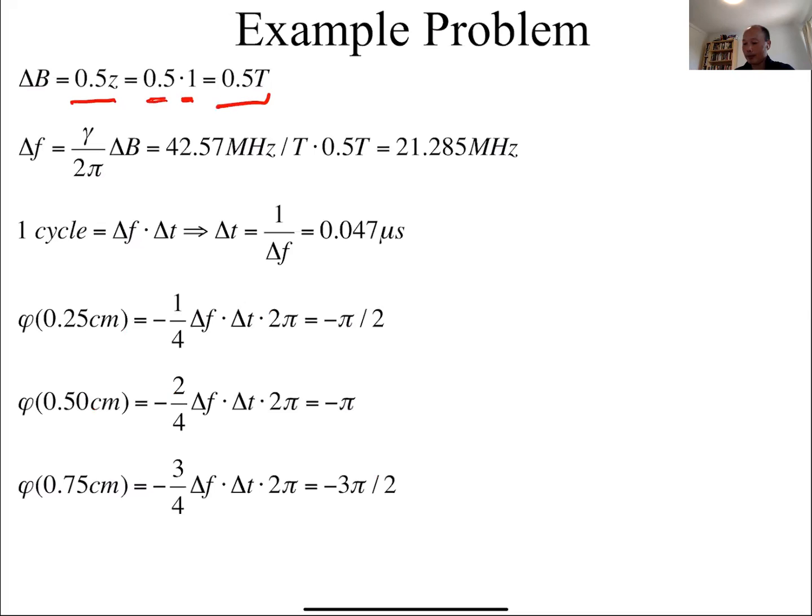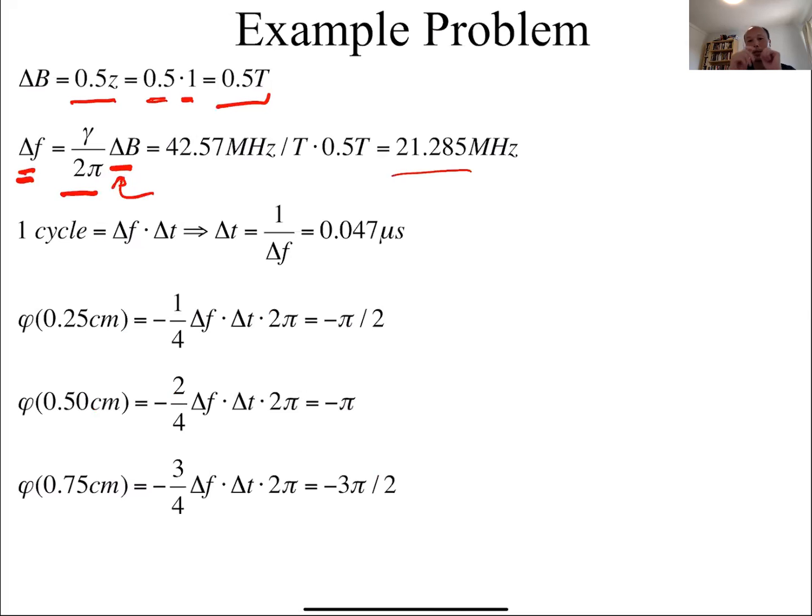That's delta F equals gamma over 2 pi times the change in the field between the two spins. So we take 42.57 megahertz per Tesla times half a Tesla, and we get 21.285 megahertz.